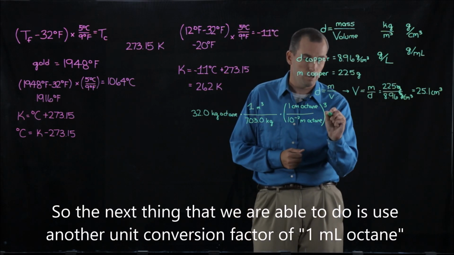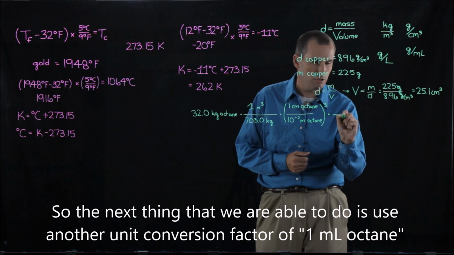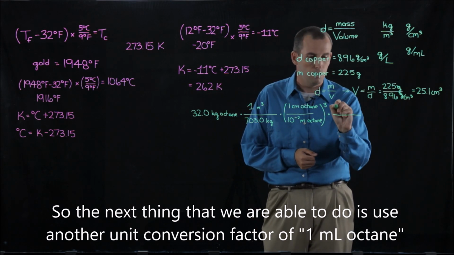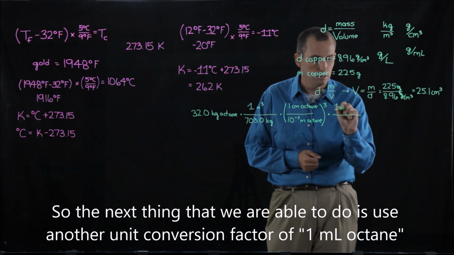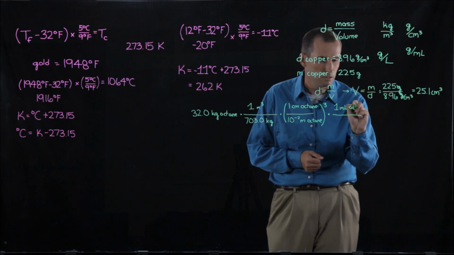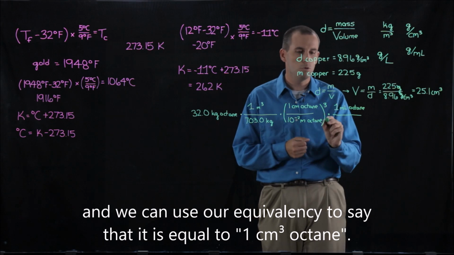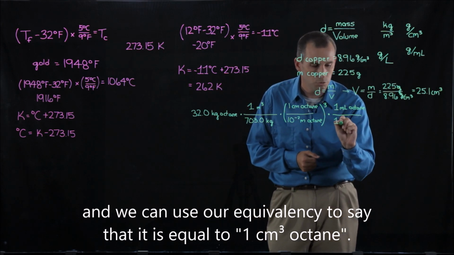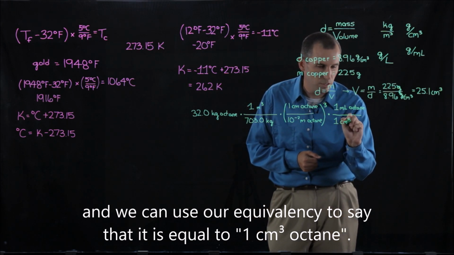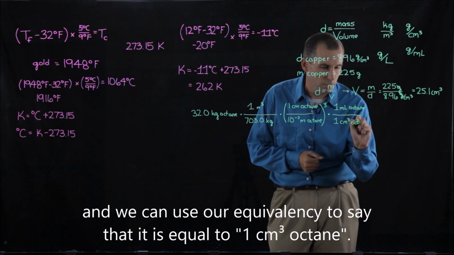The next thing we are able to do is use another unit conversion factor of 1 milliliter of octane, and we can use our equivalency to say that it is equal to 1 cubic centimeter of octane.